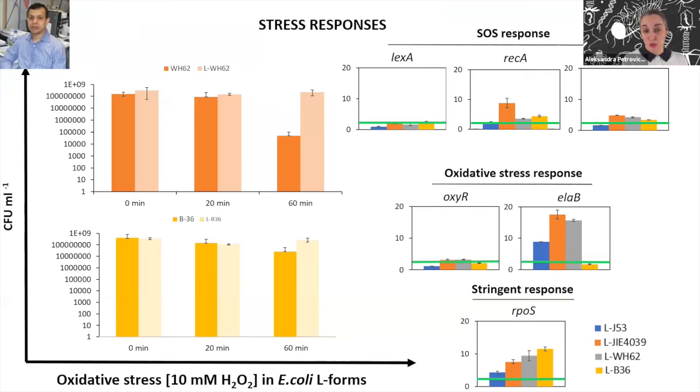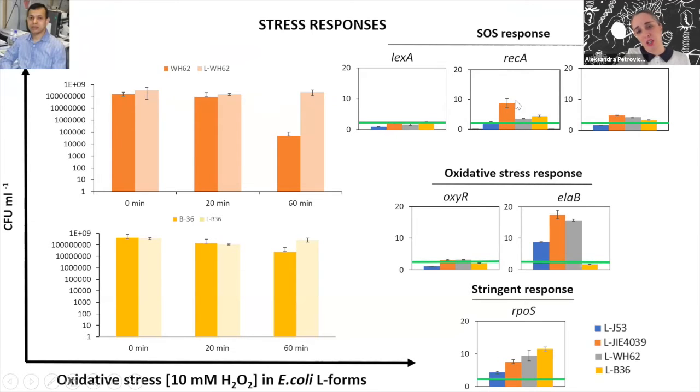We also analyzed the transcriptome of 4 selected L-form Escherichia coli and showed that they do not suffer extensive DNA damage. You can see on these graphs on the right that LexA is slightly upregulated, and RecA and the low fidelity polymerase 4, DinB, are slightly upregulated.